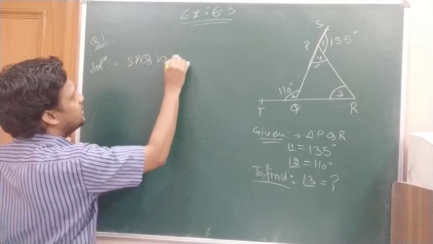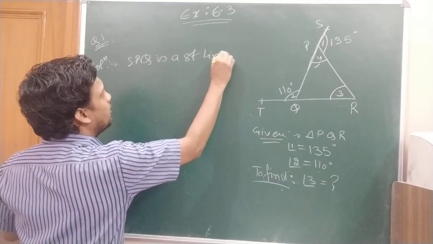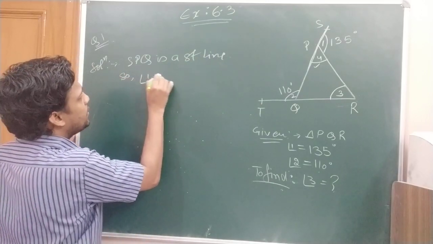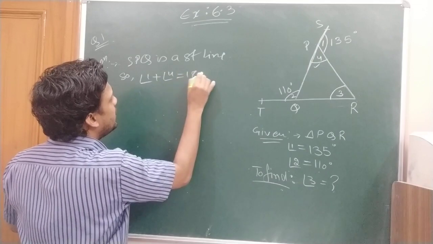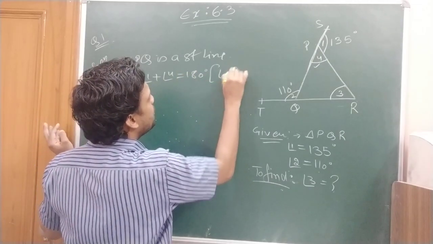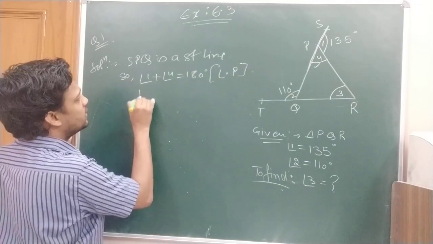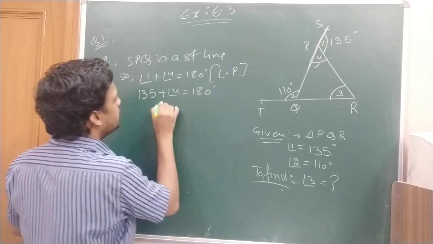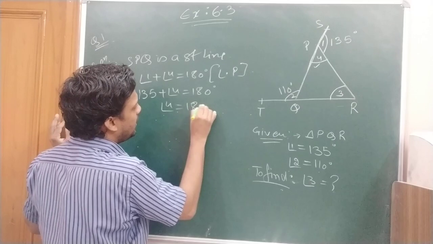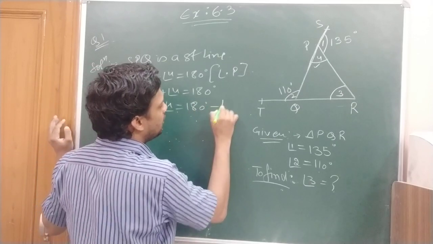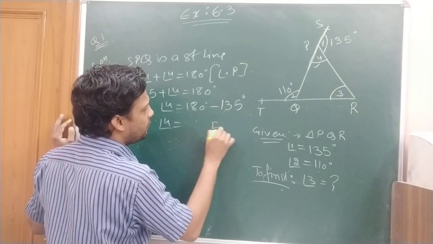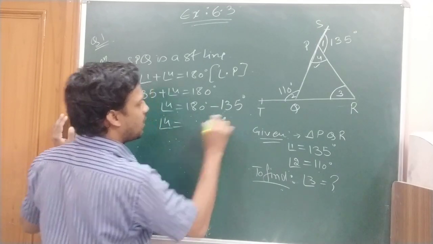SPQ is a straight line, so angle 1 plus angle 4 equals 180 degree. Reason: linear pair. Angle 1 is 135, plus angle 4 equals 180. So angle 4 equals 180 minus 135 degree. So angle 4 is equal to 45 degree.